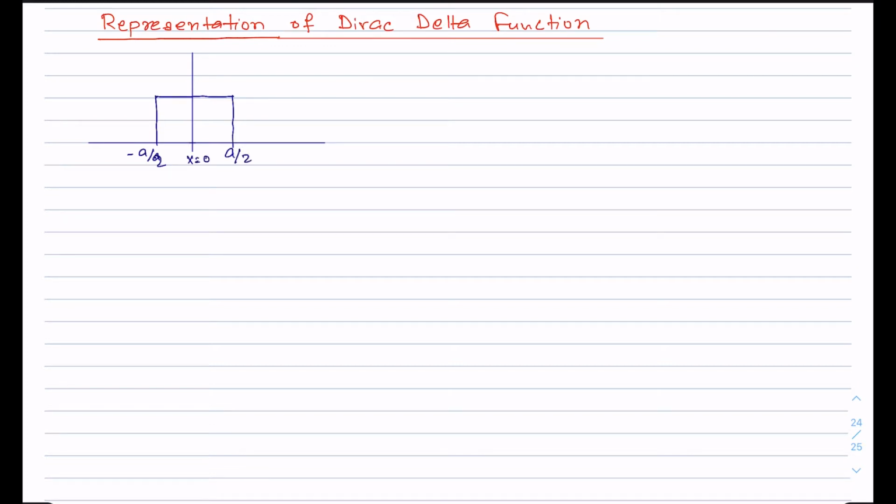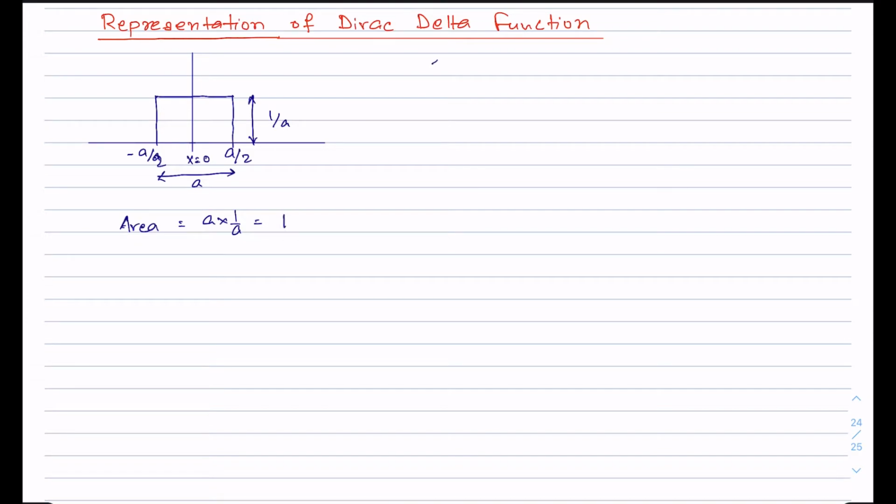So the width of the base is a, and let's choose its height in such a way that the area under this curve is equal to 1. So let's choose its height as 1 over a. So now the area is a times 1 over a, which is equal to 1.